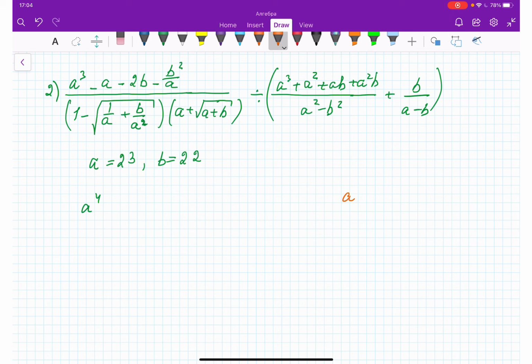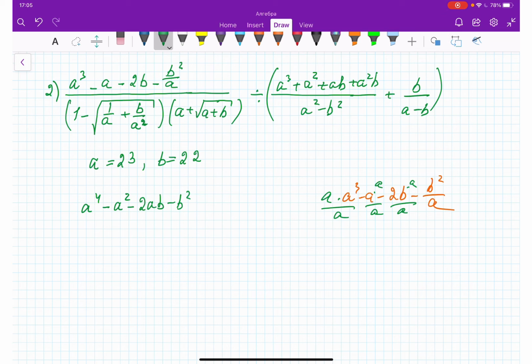If I have a cubed minus a minus 2b minus b squared over a, the common denominator is a, which means I multiply the others by a, and the last one I am not touching because we have a there. So we are getting a to the 4 minus a squared, minus 2ab minus b squared, and all this divided by a. Yes?